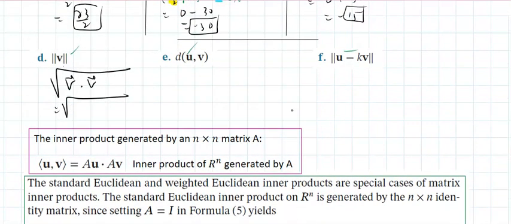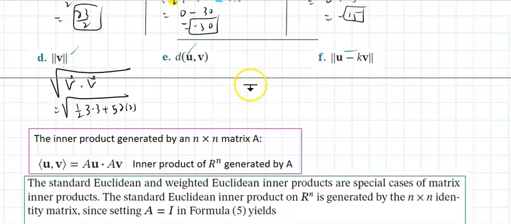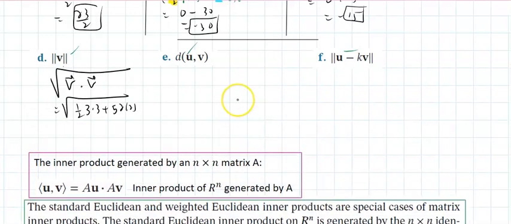So that's going to be 3 dotted with 3, with a half, and 2 dotted with 2, with a 5. And that's how we're going to do all of those. That's going to be 9 halves plus 10, so that would be the square root of 49 halves, or 7 over radical 2.